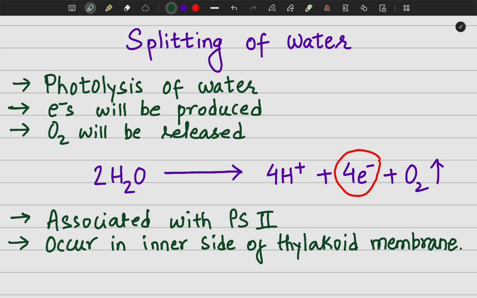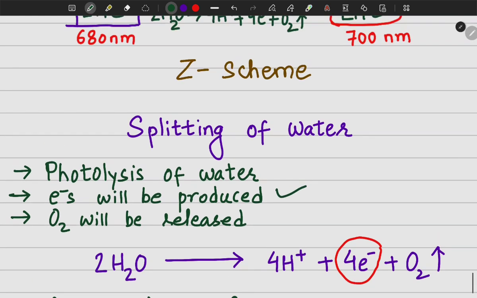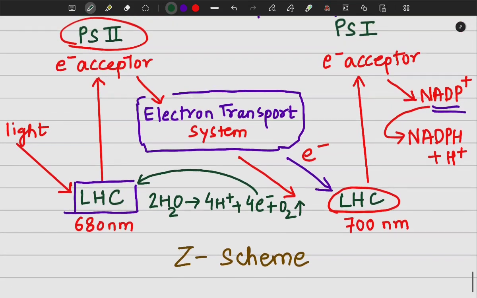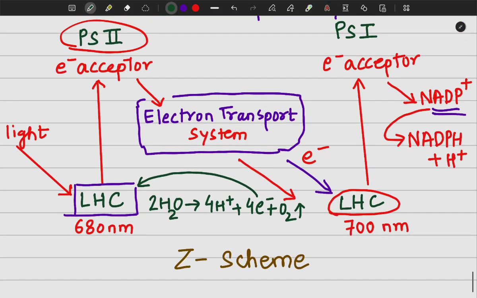Alright, so this was about the splitting of water, which is an important event during the light reaction. The splitting of water creates electrons. These electrons compensate the loss of electrons from photosystem 2 and maintain the continuous supply of electrons for the electron transport chain or the electron transport system to keep occurring, so that ATP and NADPH are produced in the light reaction.